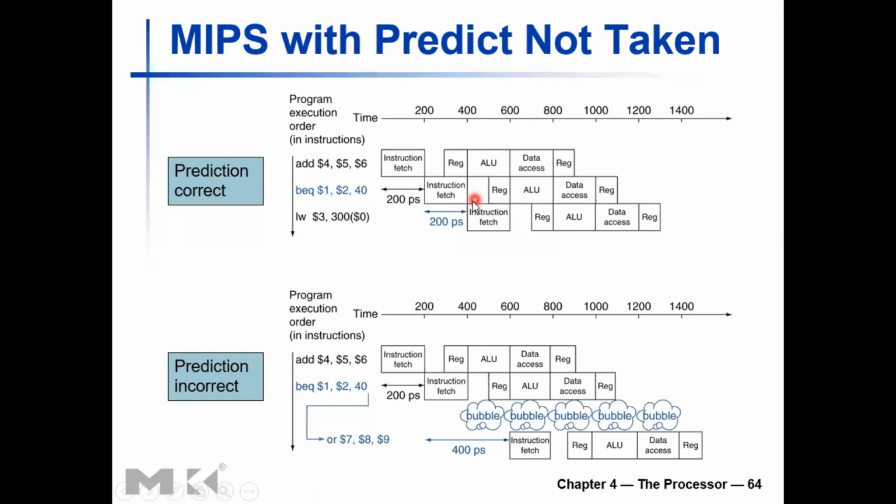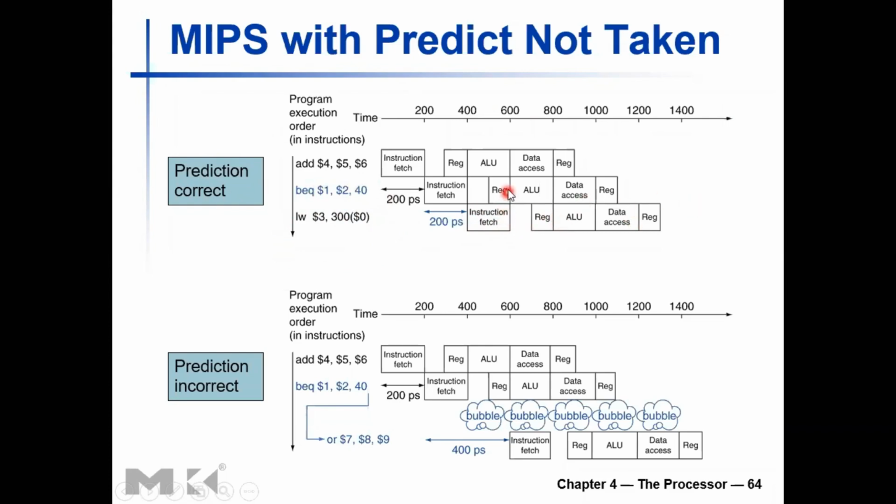And if our prediction was correct, this is a scenario where the prediction was correct. We have made a correct prediction. That is, in reality, these two values were not equal, so we are not going to make the jump or branch. We are only fetching the next instruction, and we have fetched it in the next clock cycle and we can let it proceed.